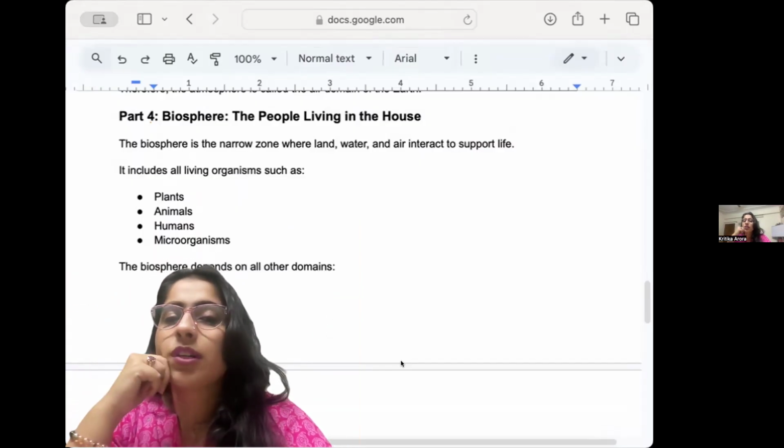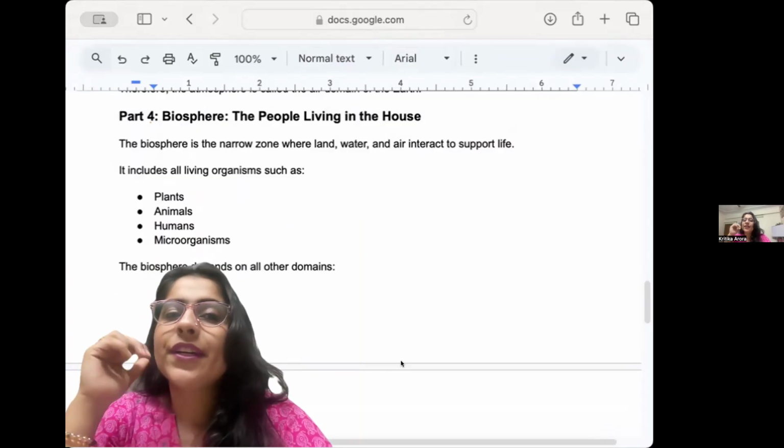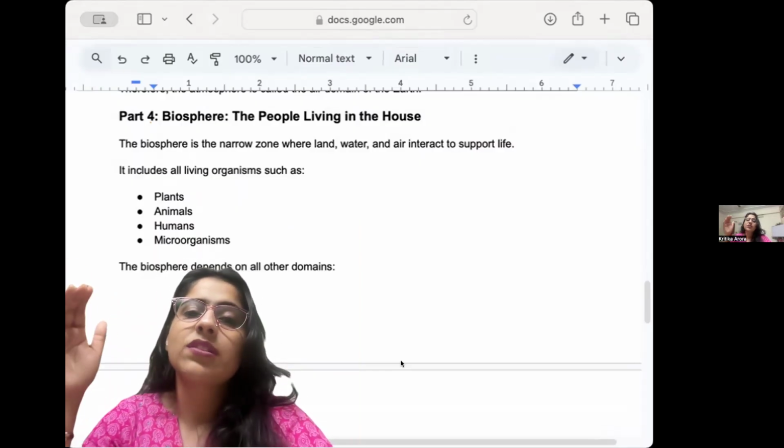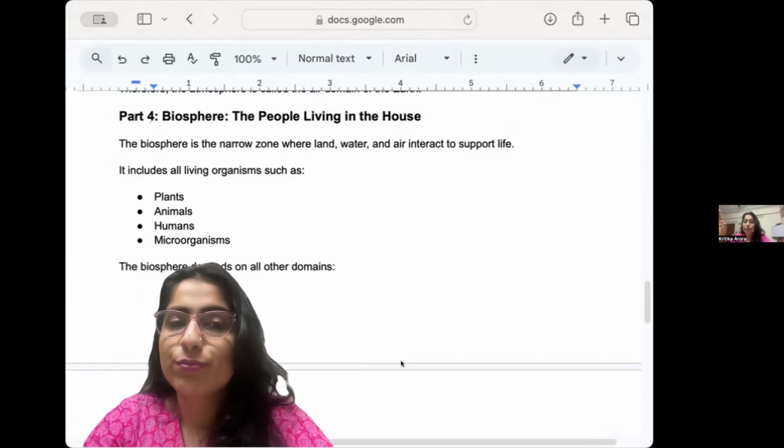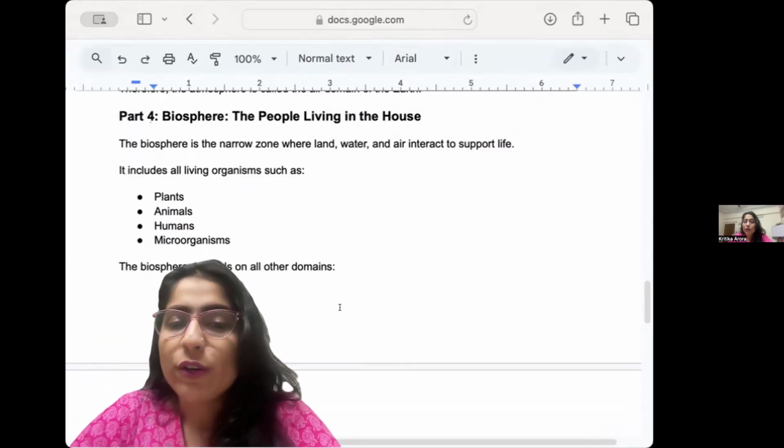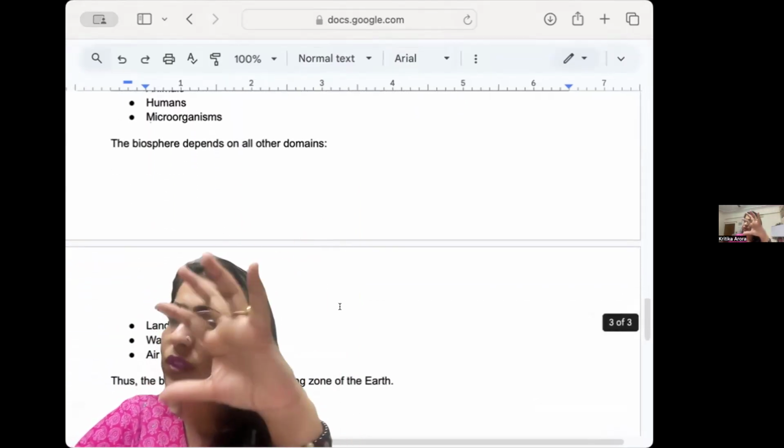It includes all living organisms: plants, animals, humans, microorganisms. So the biosphere depends on all the other domains.